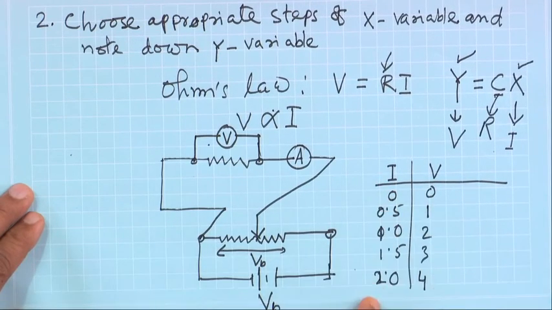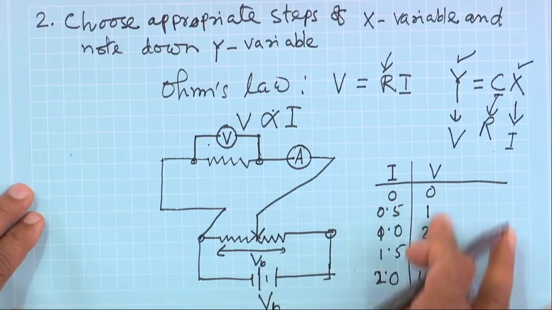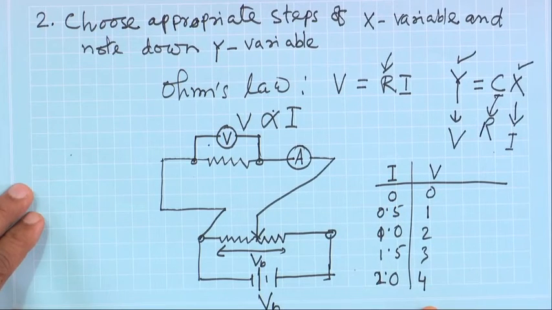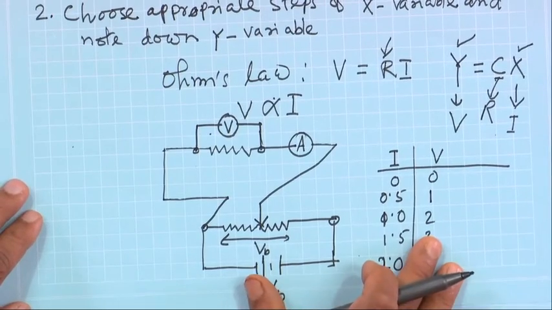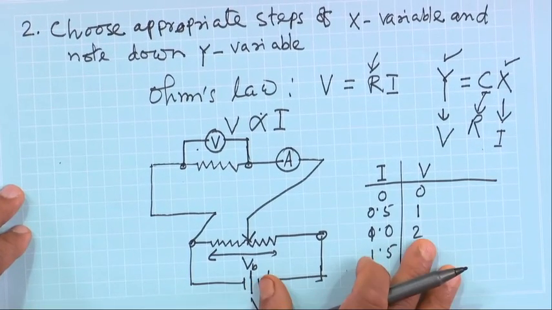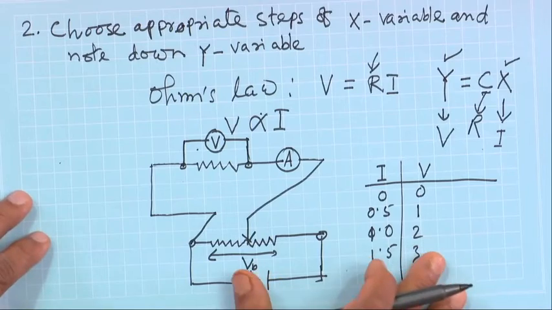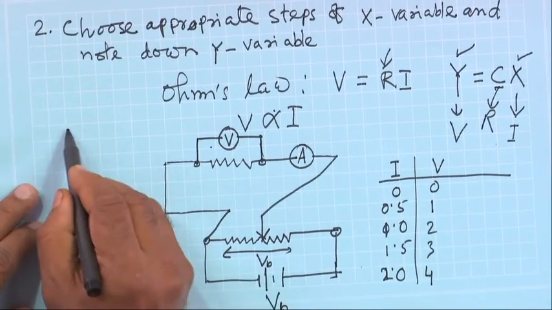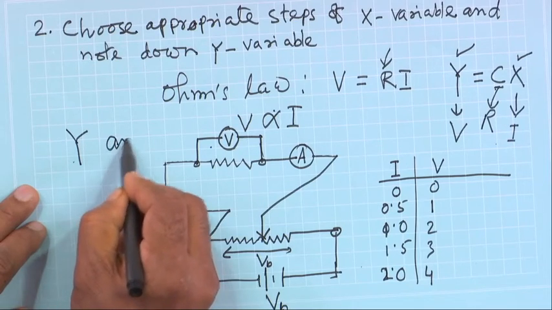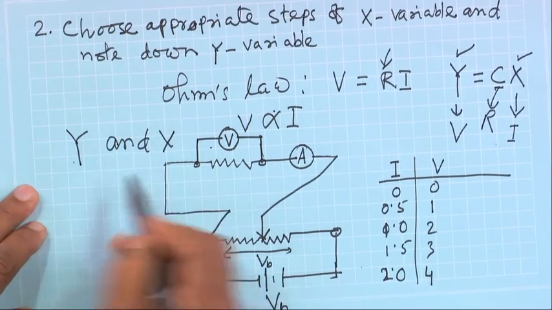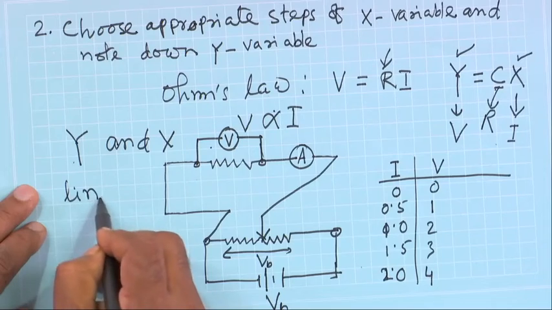I have control over this one, so I am varying this one and noting down this one. This is appropriate for the case where y and x have a linear relation.